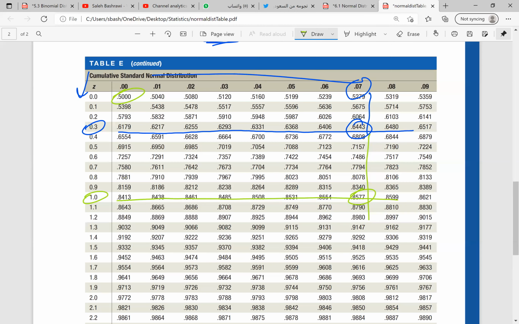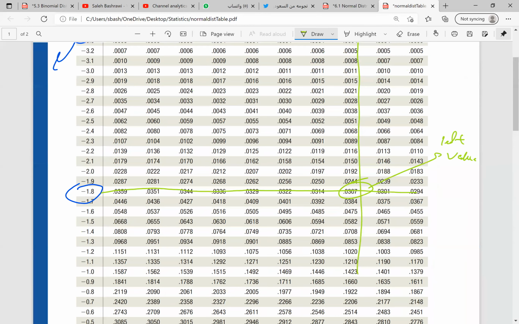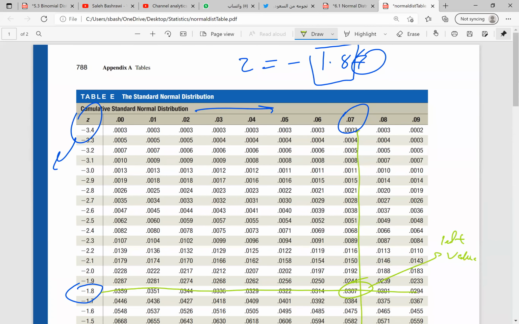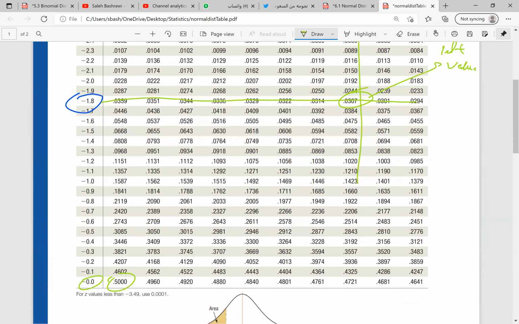For minus 0.32, let's go and see. So this is 0.3 and this is 0.02. Sorry, this is positive; I need to look at the negative one. This is minus 0.3 and 0.02. This is the third one, this is 0.1, it is this value.